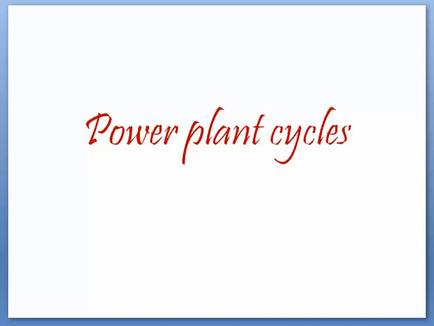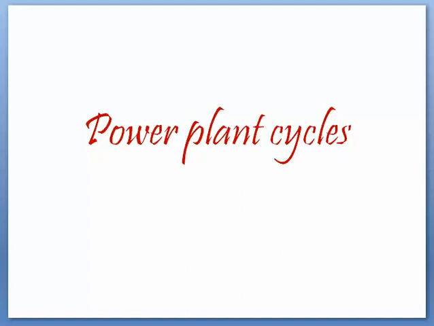Just a quick review of the things we learned till now before going through the power plant cycles. In previous sections, we had learned the fundamentals of thermodynamics, heat transfer, types of heat transfer, properties of steam, and how steam is generated.